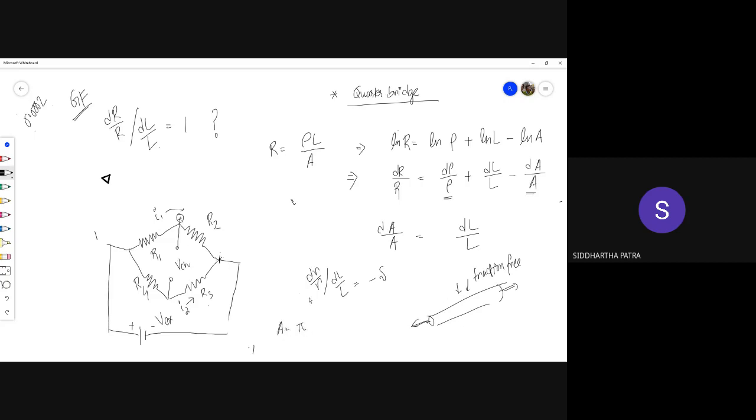now not necessarily the wires in the strain gauge are cylindrical. It doesn't have to be. So the radius thing might not apply everywhere. But what is about to apply is the area thing. The cross-section area, whether it is h times b or it is pi r squared, every time what I'm about to write is going to be true.